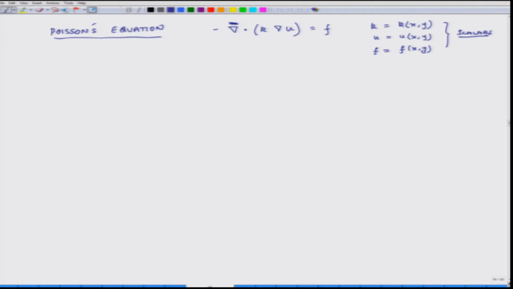So, they are not changing with direction. And the other thing is that the gradient operator is defined as del over del x plus unit vector in y direction, which is j, times del over del y.